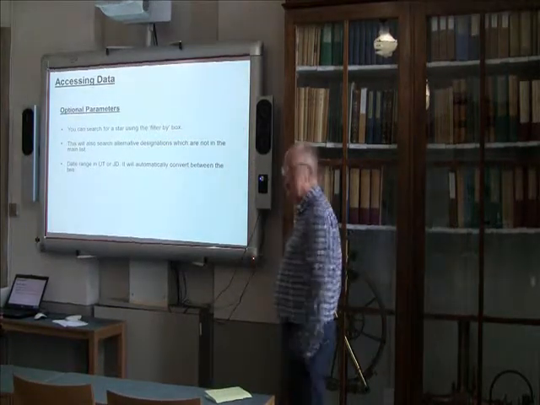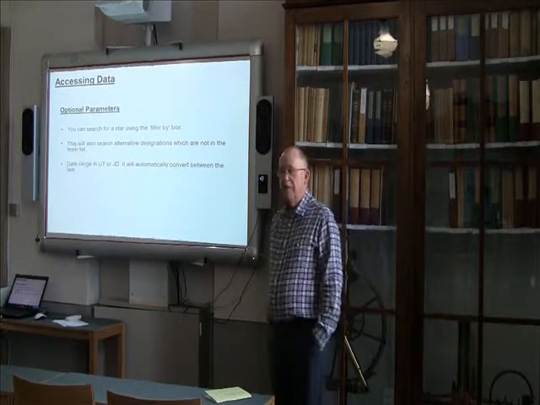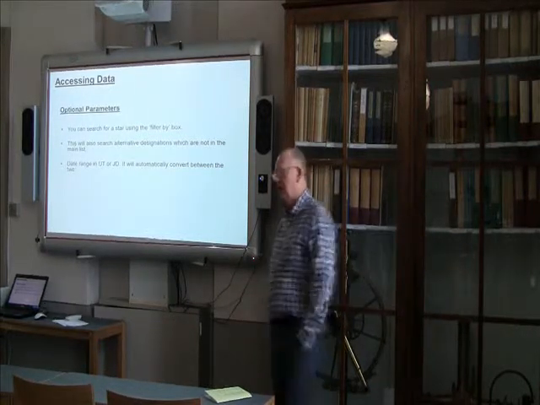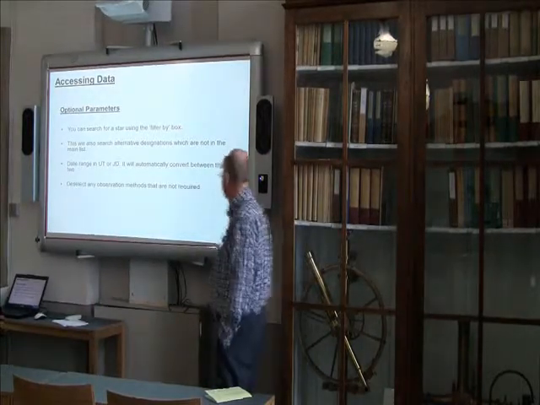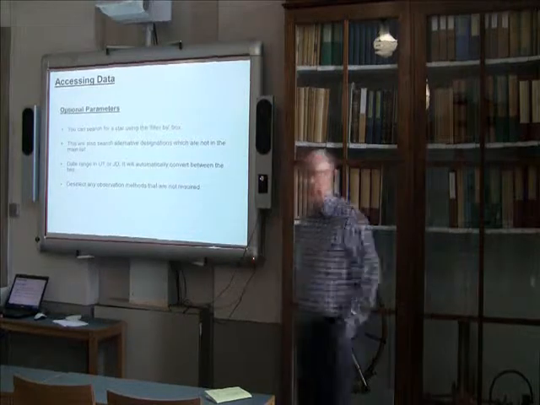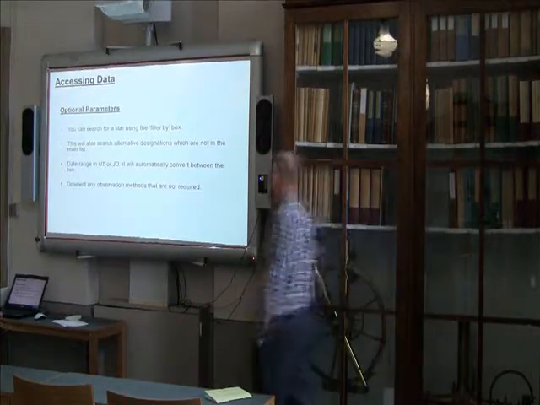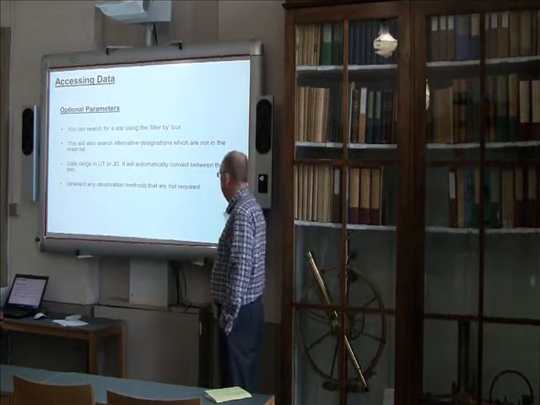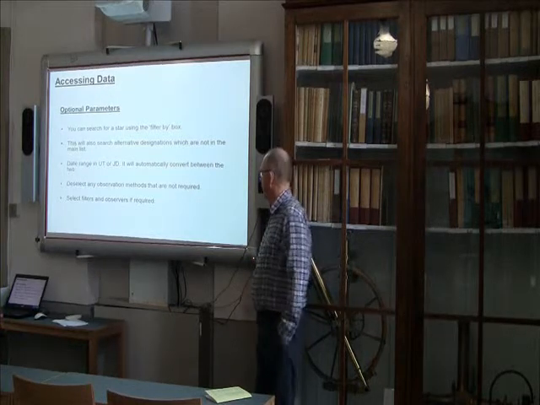The date range is in UT or JD, and they can both be converted to one or the other. And you can deselect any observational methods that are not required, and select filters and observers as required.